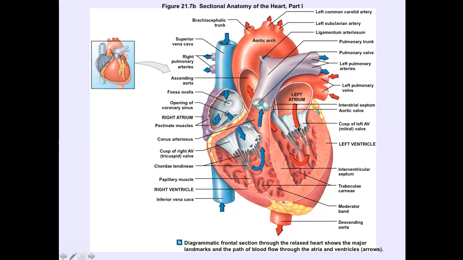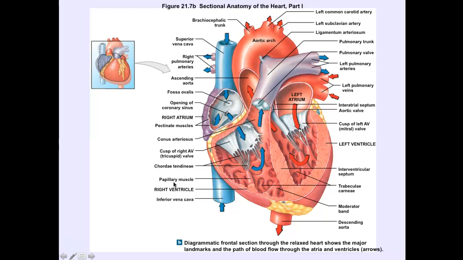All right. So let's look at the structures. We have three cusps in the tricuspid. We have something called chordae tendineae. These strings, the elongation fibers of the cusps, are called chordae tendineae or tendinous cords. And they're going to attach the cusps to a specific kind of muscle here called a papillary muscle.